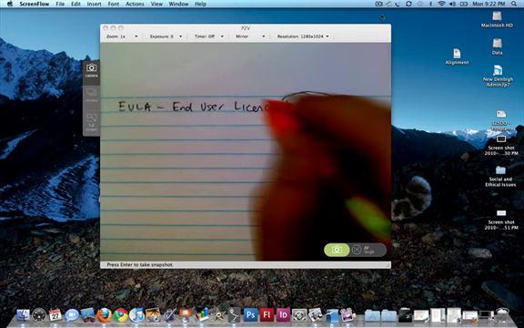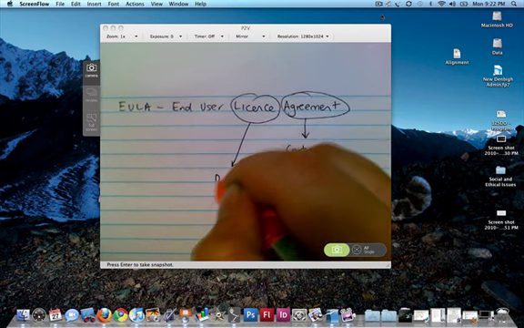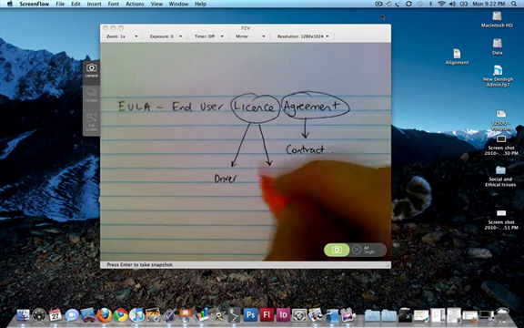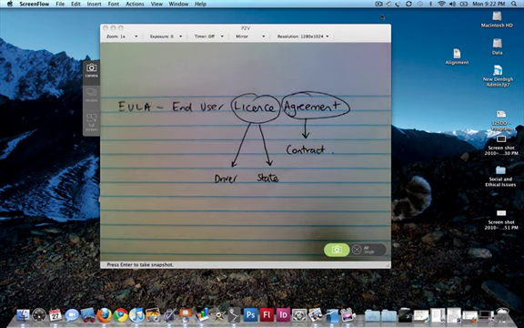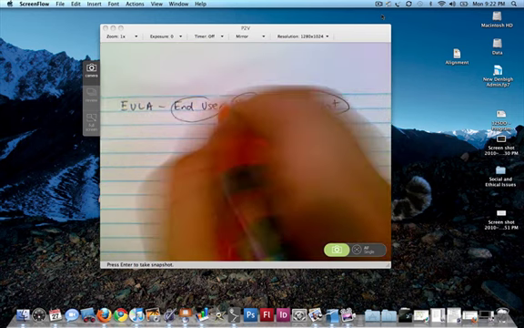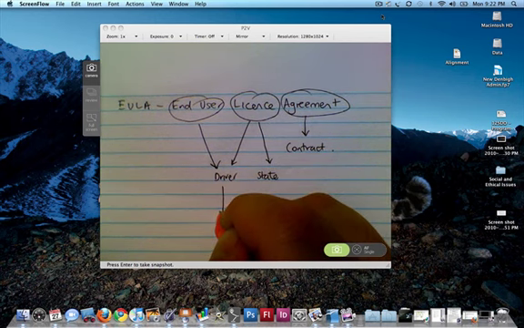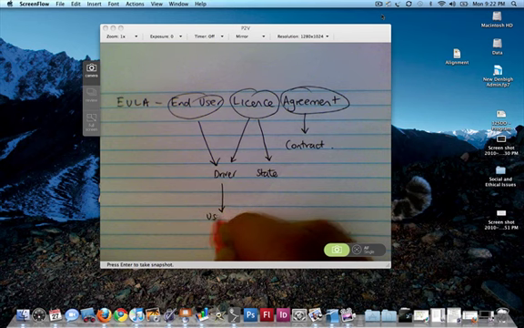If I look at a license, it is often between the driver, as in a car, and the state. The state gives the driver a license in which to drive a car, and the end user is known as the driver. So to refine that, once again, the end user is the user.